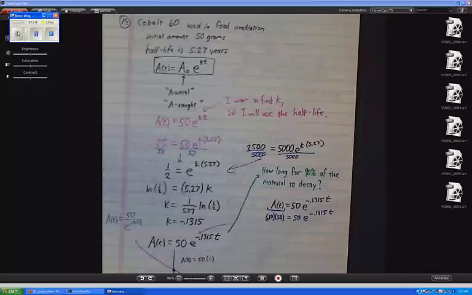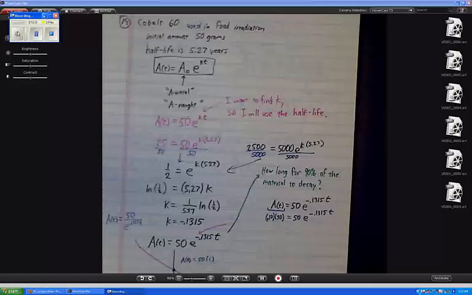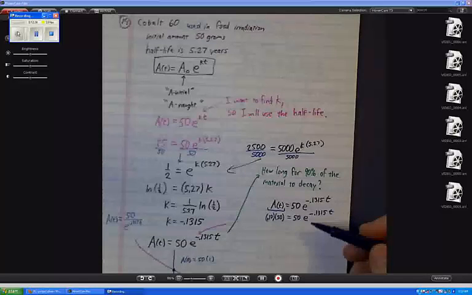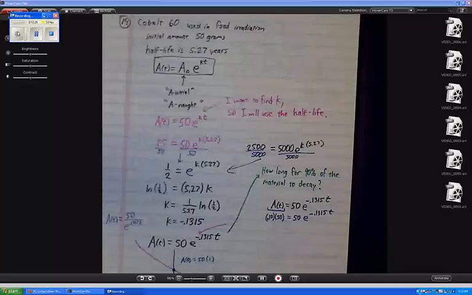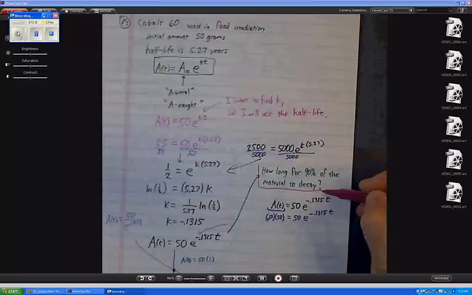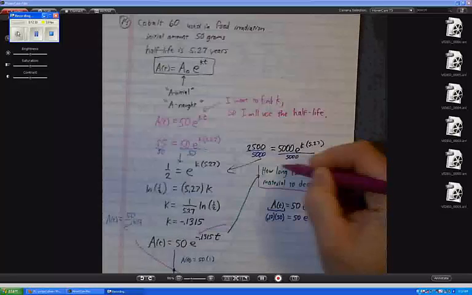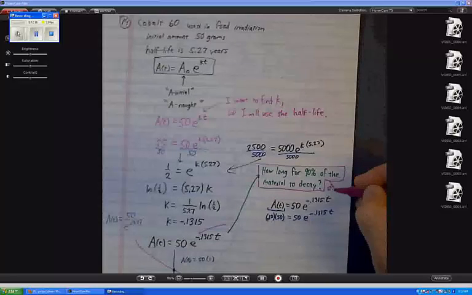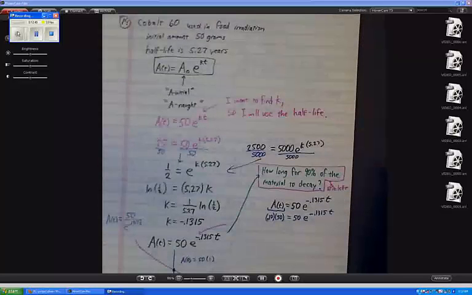And you could multiply that out if you wanted, you get 5. Go ahead, Matt. How'd I get 10%? Well, we want to know how long for 90% of the material to decay, and so the key is, this is the same as having 10% left. Right? So that's why 10%.